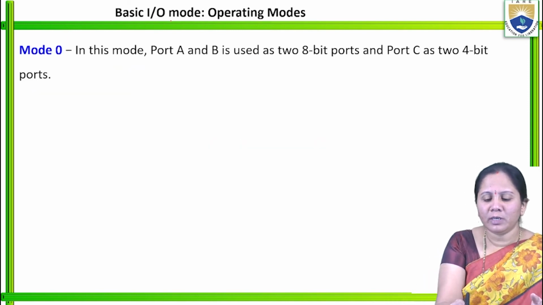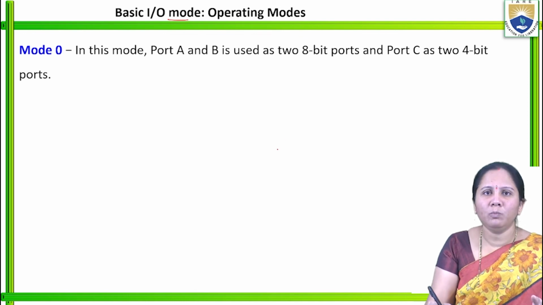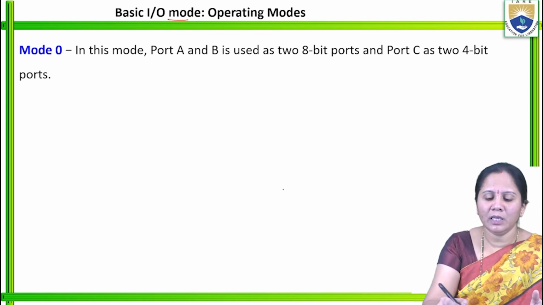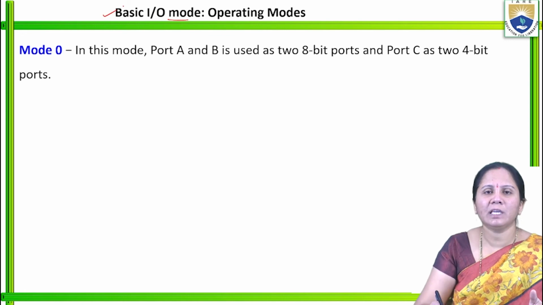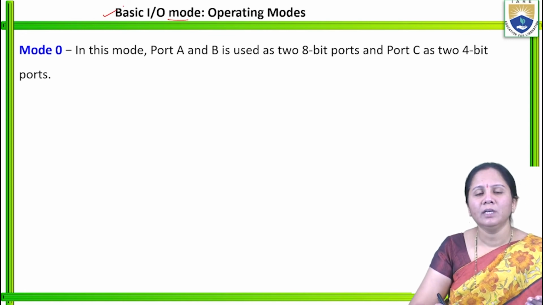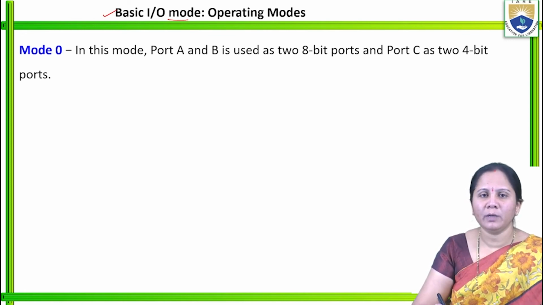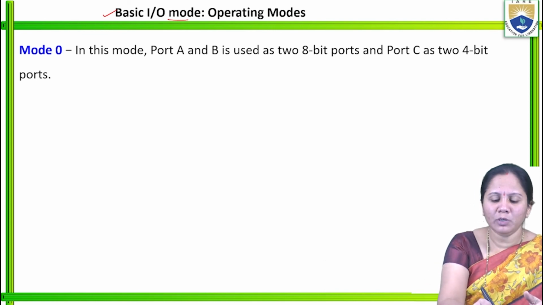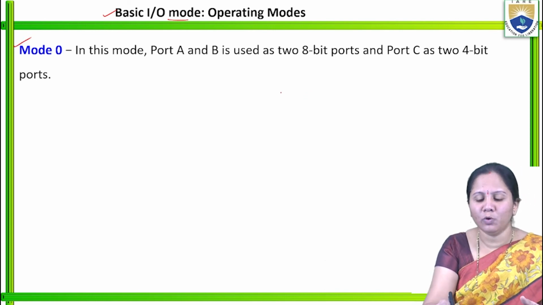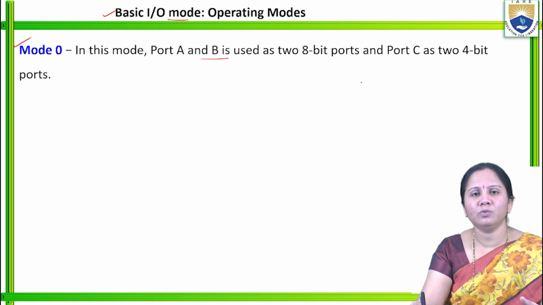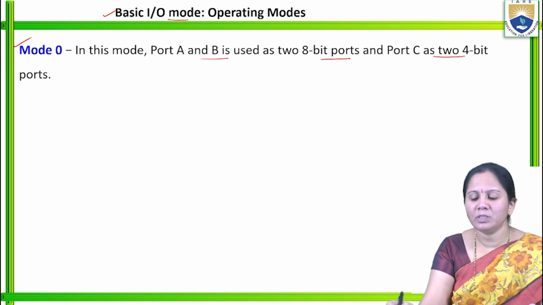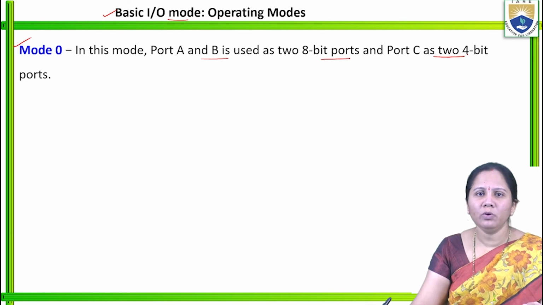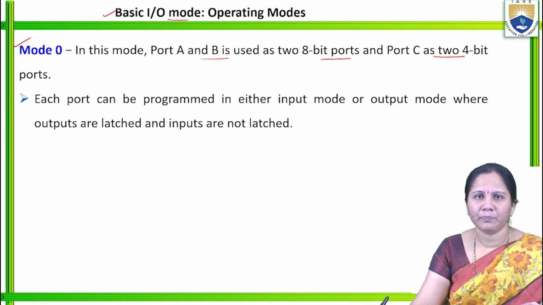Now, coming to the basic IO modes of operation, when it is operating in basic IO mode, it is having three modes: mode 0, mode 1 and mode 2. Coming to mode 0, in this mode, port A and B are used as two 8-bit ports, whereas port C will be used as two 4-bit ports.